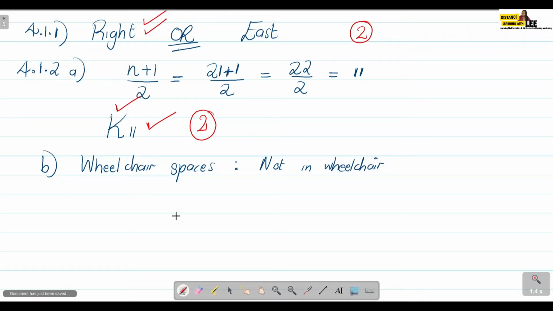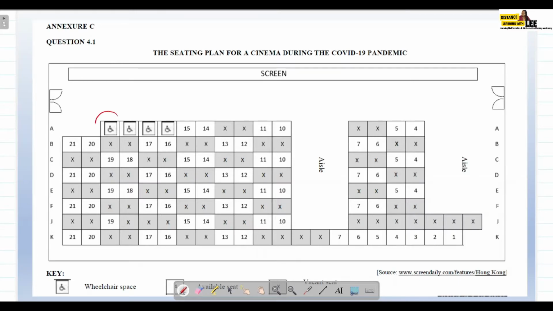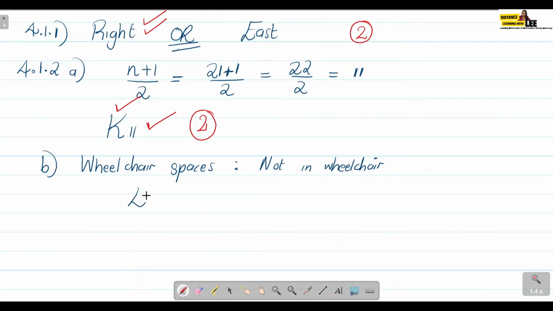And then we need to count how many seats have been designated for people that are using wheelchairs. So we're going to count that, guys. How many seats can we see? We see there's 1, 2, 3, 4 seats designated for people that use wheelchairs. So we're going to write that down: 4 wheelchair spaces.